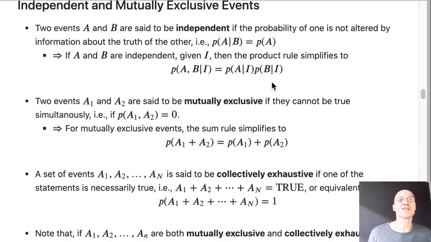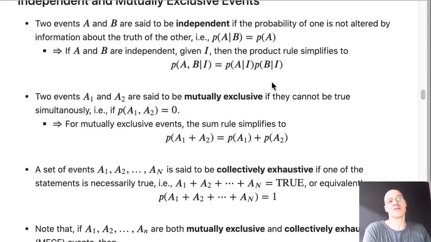There is another relationship between two events that is interesting, and this is called mutually exclusive. If two events cannot be true at the same time, they're called mutually exclusive. Technically, the joint distribution over A1 and A2 equals 0 if A1 and A2 are mutually exclusive.